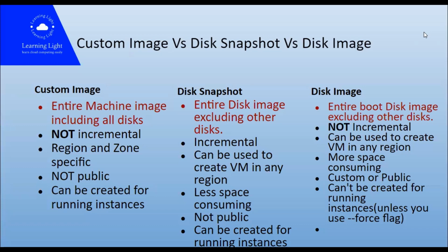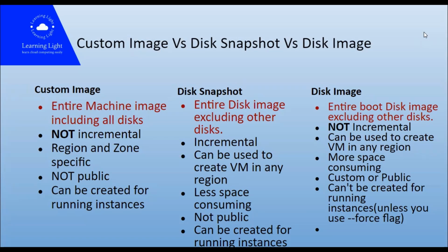So, first thing, we need to understand what are the different backup solutions for the VM instances. In the slide, you can see there are three types of solutions that GCP is providing right now. The first one is the custom image. When you create a VM instance, you select some operating system.